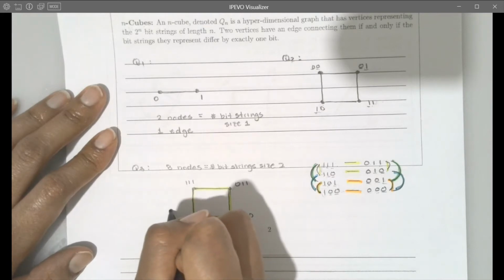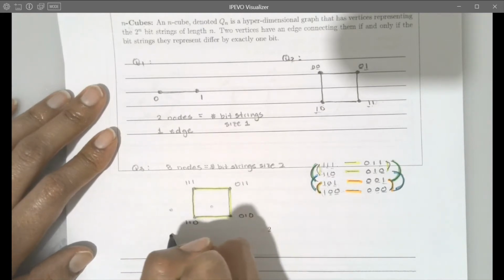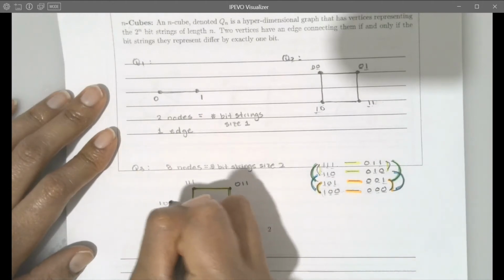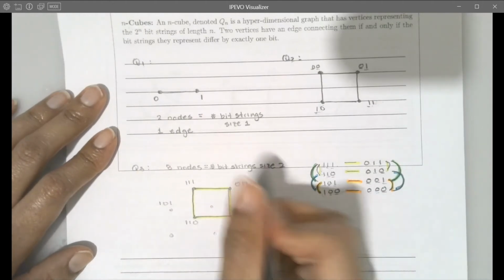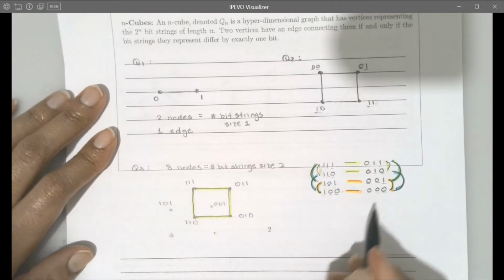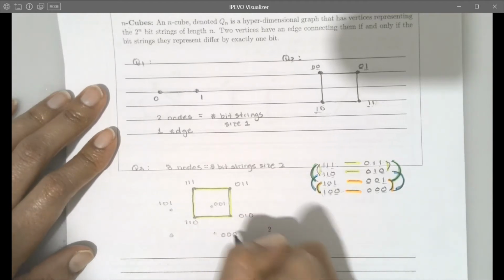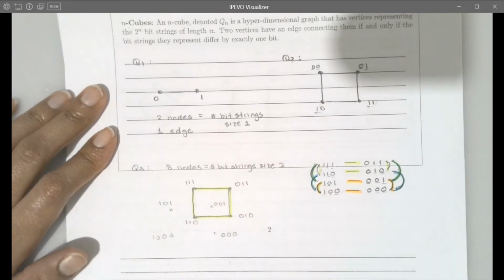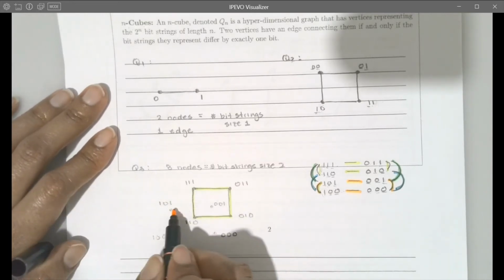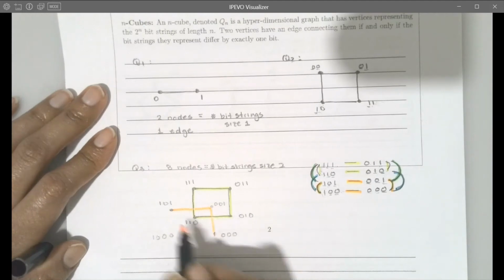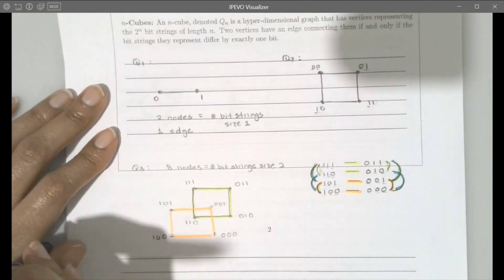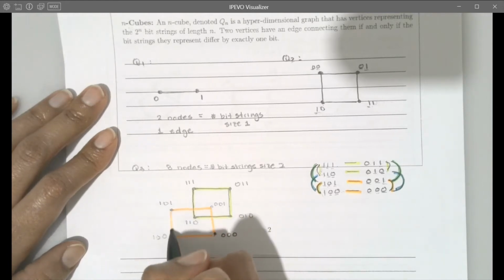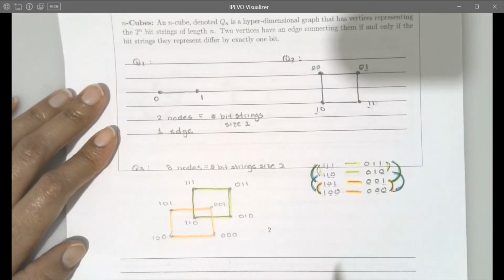So again, we're going to have four nodes. We'll have a 101, a 001, a 000, and a 100. And those are all connected in a cycle like this. Okay.